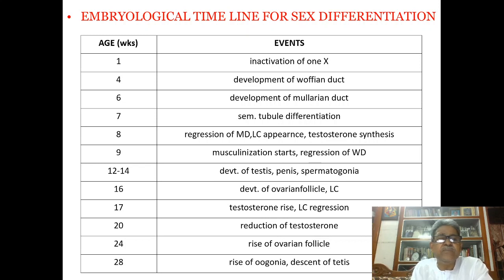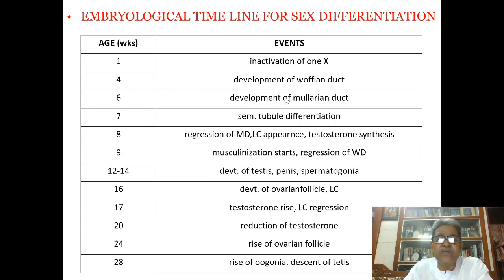Now, we should look at the embryological timeline for sex differentiation. At different weeks of gestation, different events of sex differentiation or reproductive development occur. In gestational week 1, there is inactivation of one X chromosome. At the 4th week, development of the Wolffian duct.